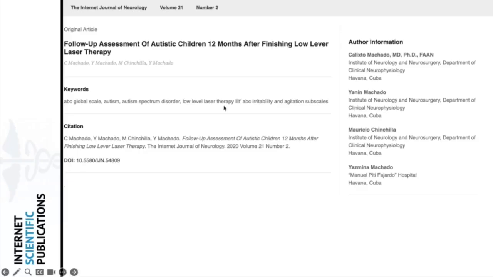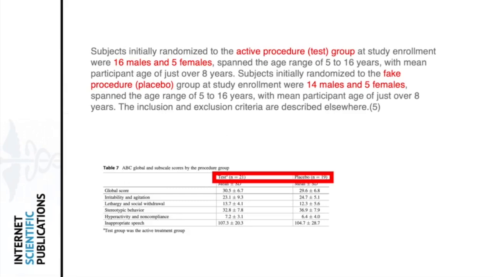It's a secondary publication that does not involve the primary author. You have, however, all the other Cuban authors and one other more. And you can try to look a bit at this study. So basically, what they say in the secondary publication is that they have 15 males and five females in the test group. So they have 21 patients in the active group, which is okay.